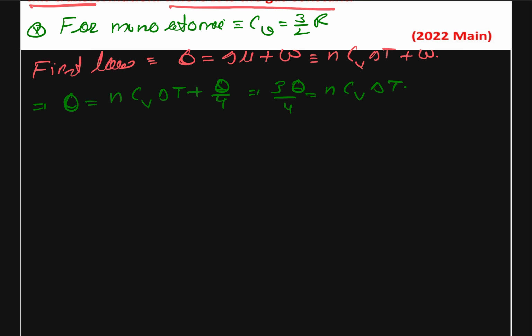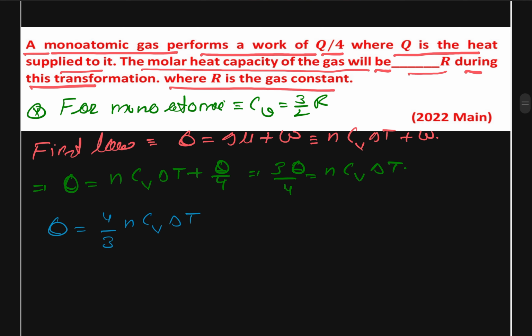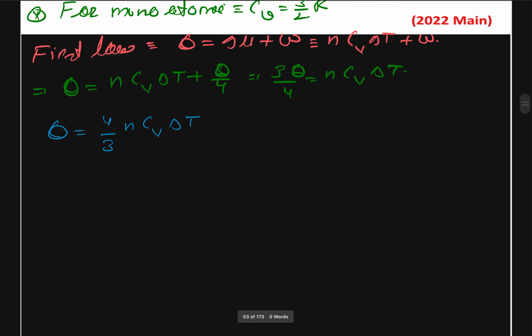And so we can say our Q is equal to 4 by 3 N C of V delta T. And we have to find out the molar specific heat.